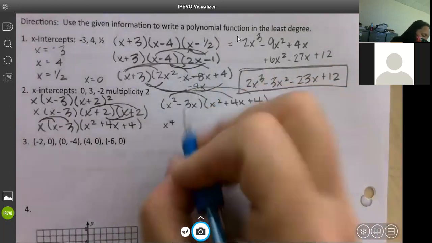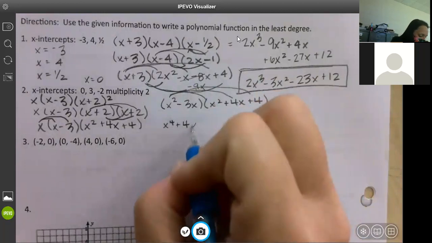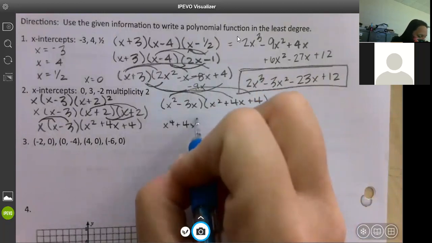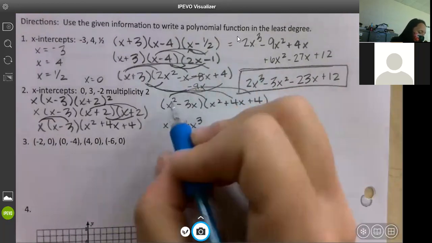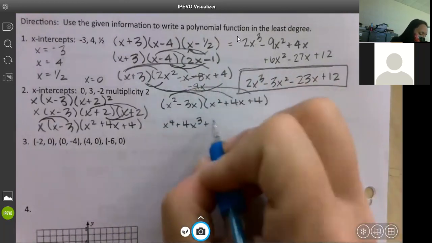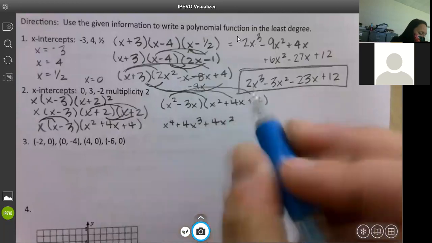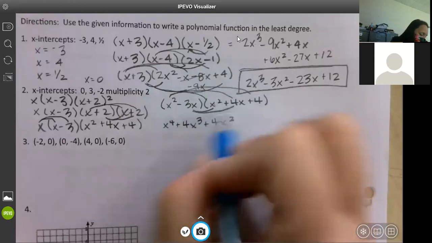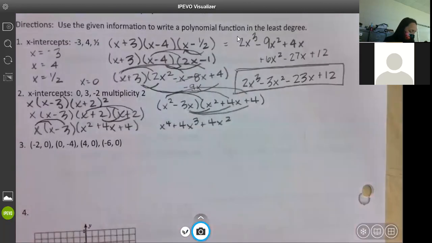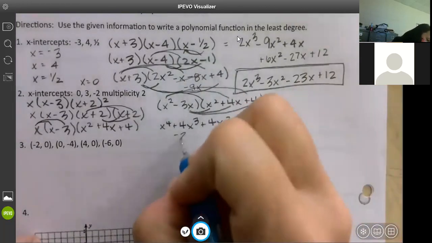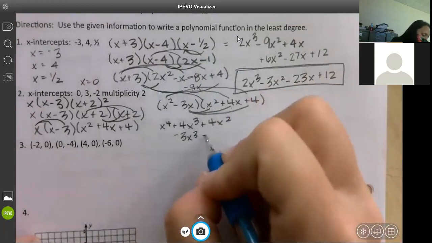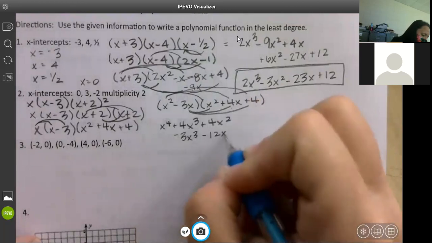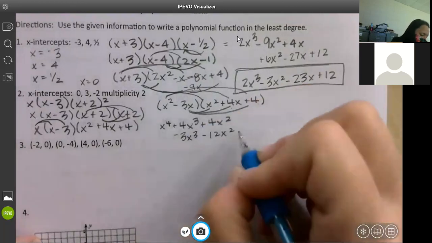X squared times 4x, 4x cubed. X squared times 4. Distribute your negative 3x. Negative 3x times x squared. Negative 3x times 4x. And negative 3x times 4.